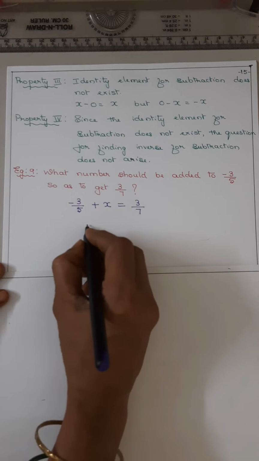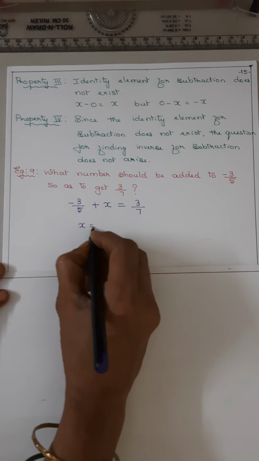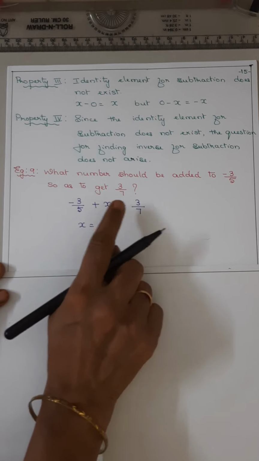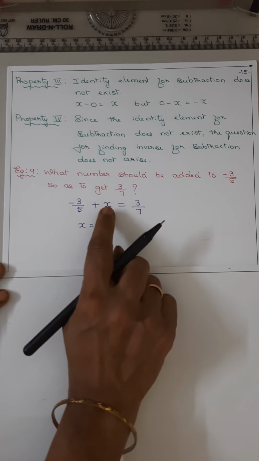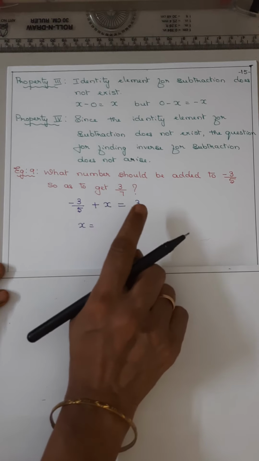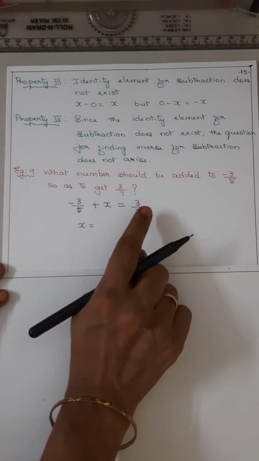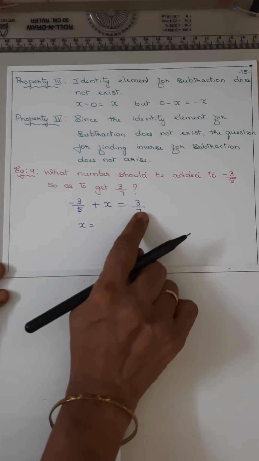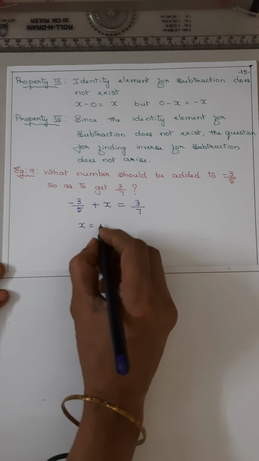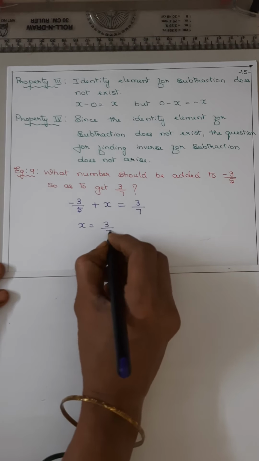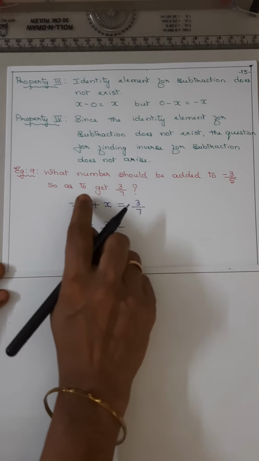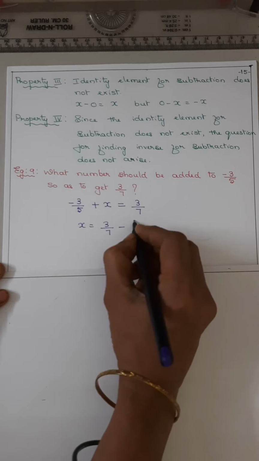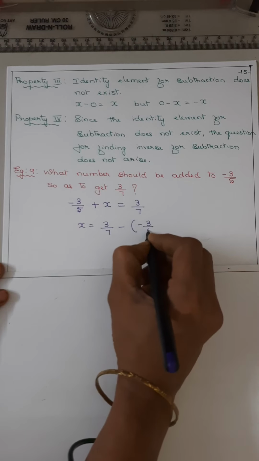Now, x is equal to: here first number, second number, third number. To get the second number, we have to subtract first from the third, means third number 3 by 7 minus the first number. First number is minus 3 by 5.